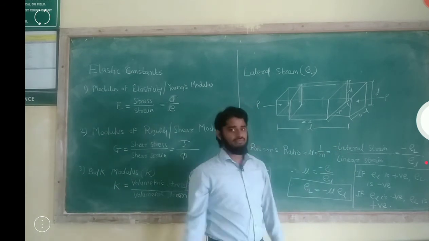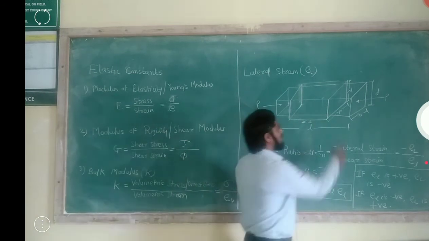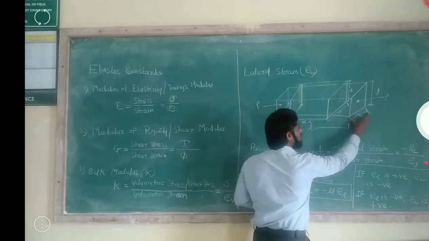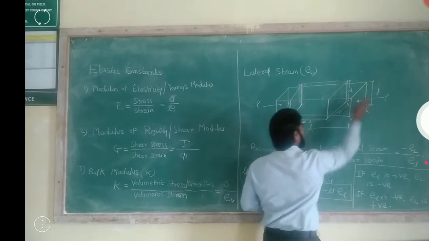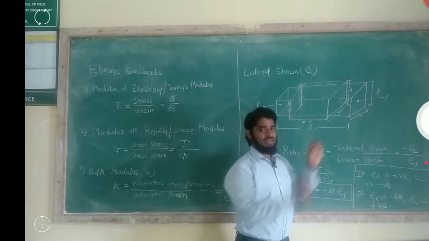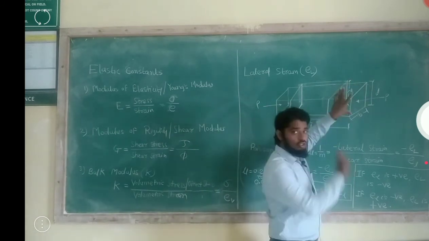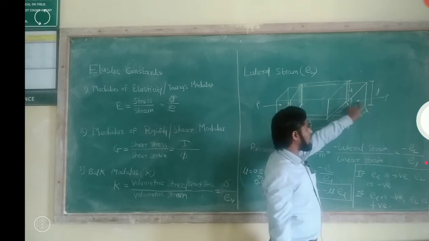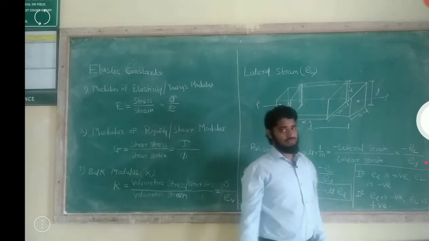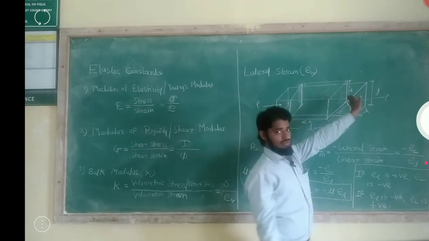At such time, in the transverse direction, the width and the depth of the body will increase by some amount. Similarly, the depth of that body also increases when the body is subjected to compressive force perpendicular to this applied force.